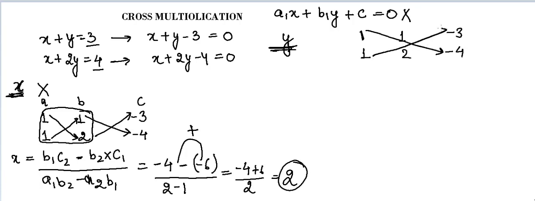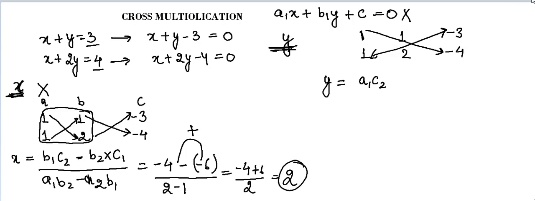So this is my first cross multiplication for the numerator. For y, I will write a1 c2, and you will do the cross multiplication like this. It would be c1 actually.